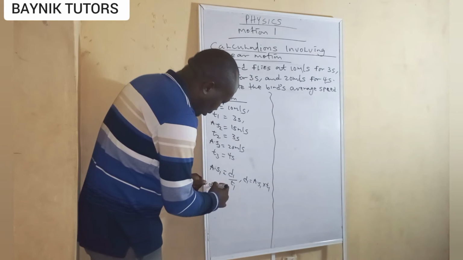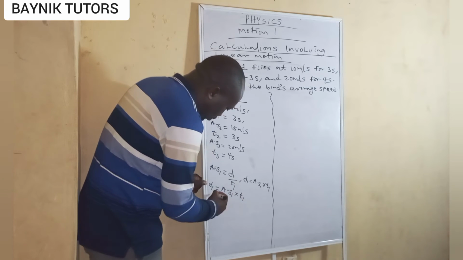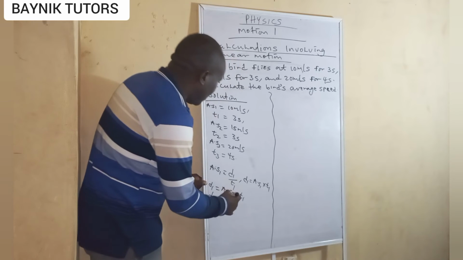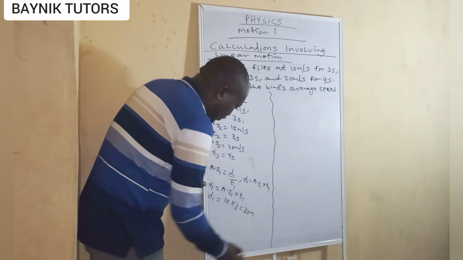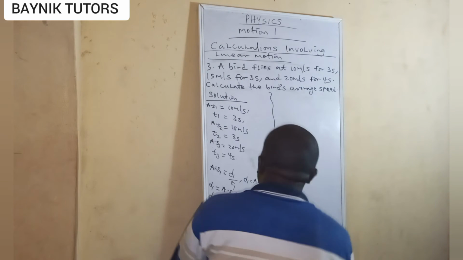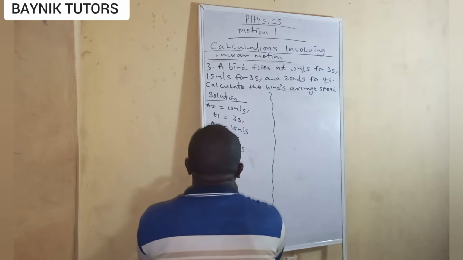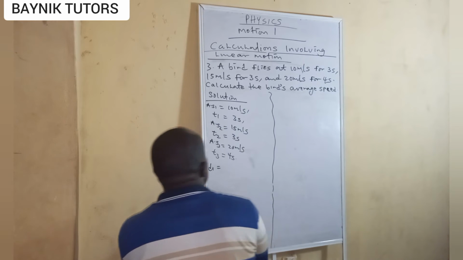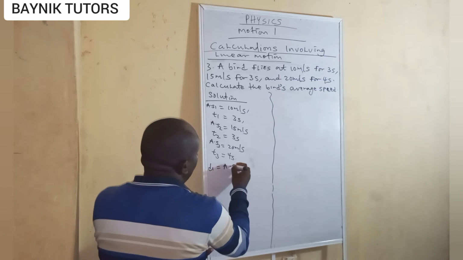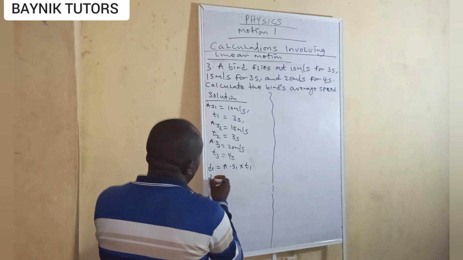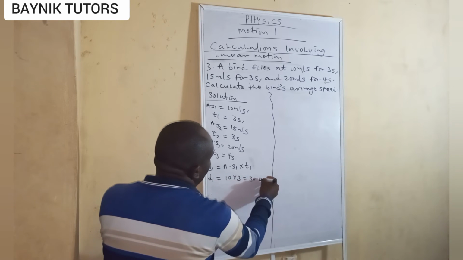So we can now say D1 will be AS1 times T1. So D1 is 10 times 3, which is 30.0 meter.